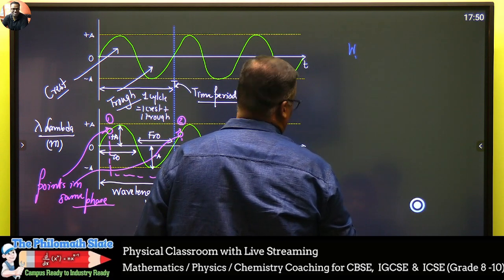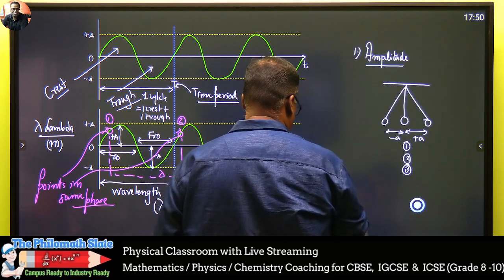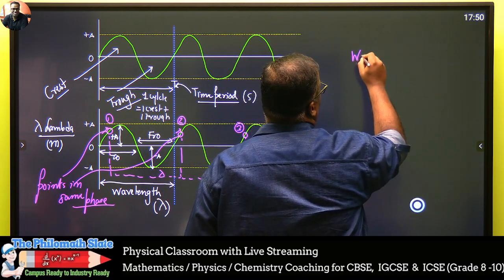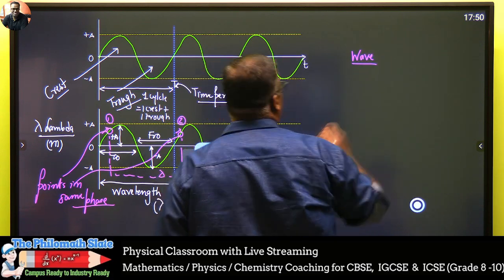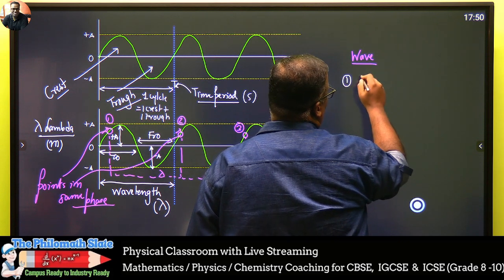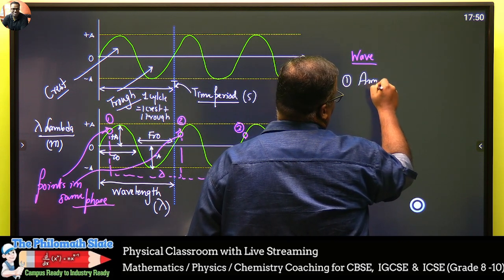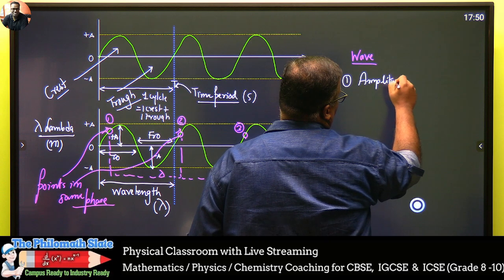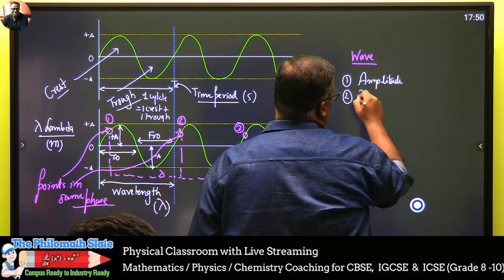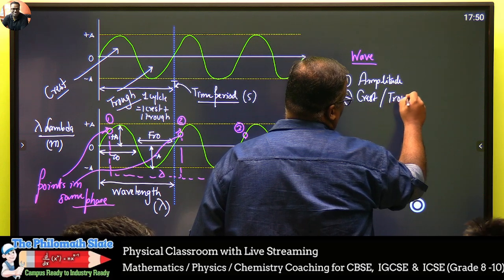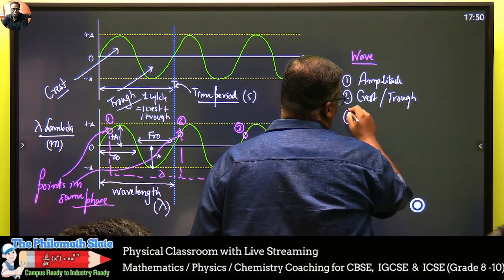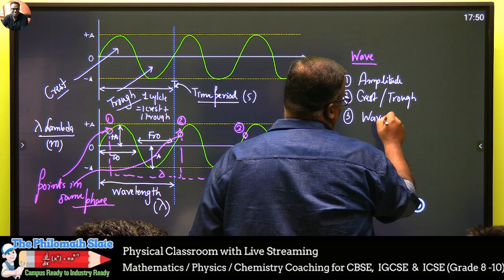We saw wave, and when we saw wave, we understood one, how to show amplitude on the wave, then how to understand what is a crest and what is a trough on the wave. Then we also understood how to understand what is a wavelength.